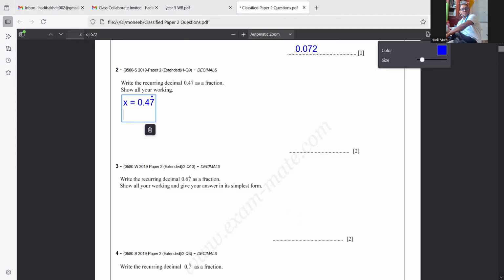x multiplied by 10 will give you 10x, equal to 0.47 recurring multiplied by 10, which is 4.7, and the 7 is still recurring.